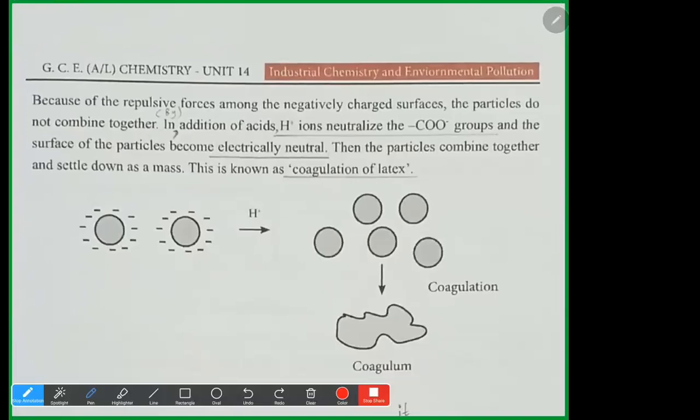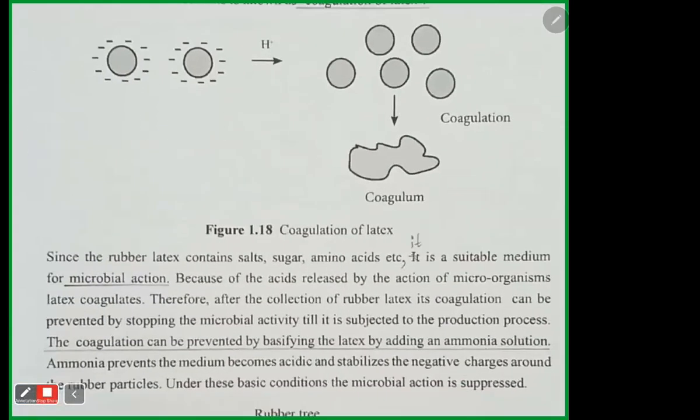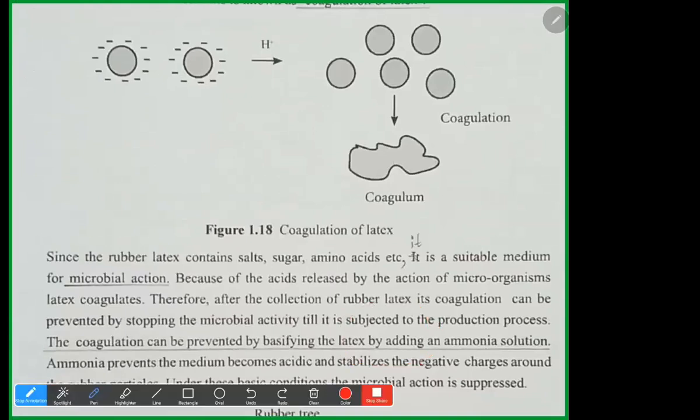On addition of acids, H plus ions neutralize the COO minus groups, and the surface of the particles becomes electrically neutral. Then the particles combine together and settle down as a mass. That is called the coagulation of latex. It's a good thing; we need to coagulate to make the product. This coagulated rubber is called the coagulum.